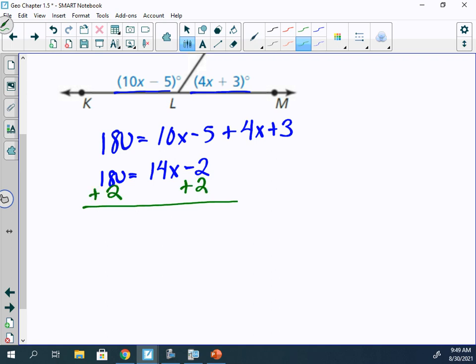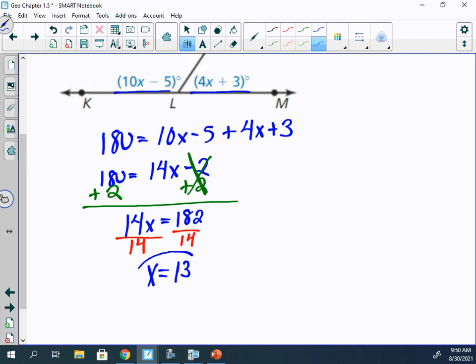Add 2 to both sides to get x by itself. 14x is equal to 182. Divide both sides by 14. And x is equal to 13.